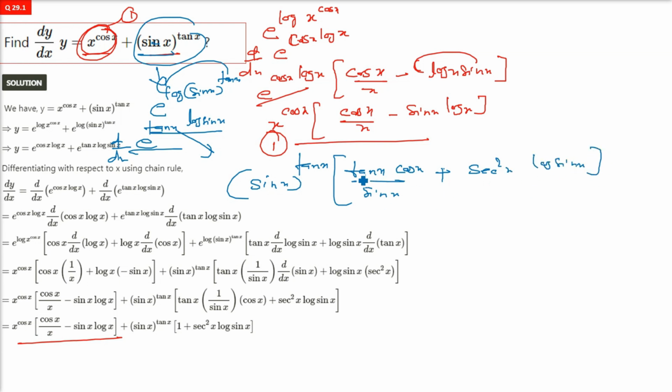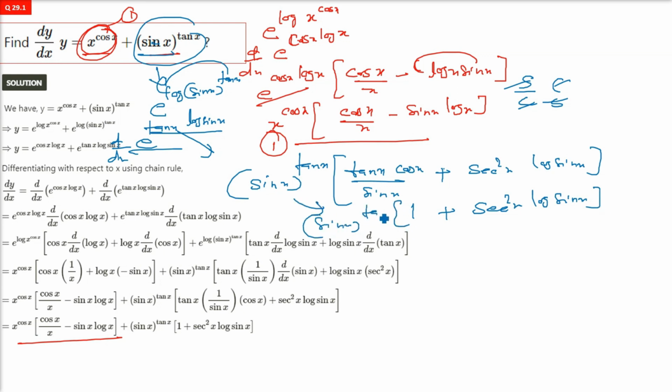Okay, so this tan x, sin by cos, will be cos, and sin, this all gets cancelled, so only 1 will remain. 1 plus sec square x log sin x, and sin x to the power tan x will be outside. This is the second part or second term. 1 and 2 you have to add, and that will be the final result.